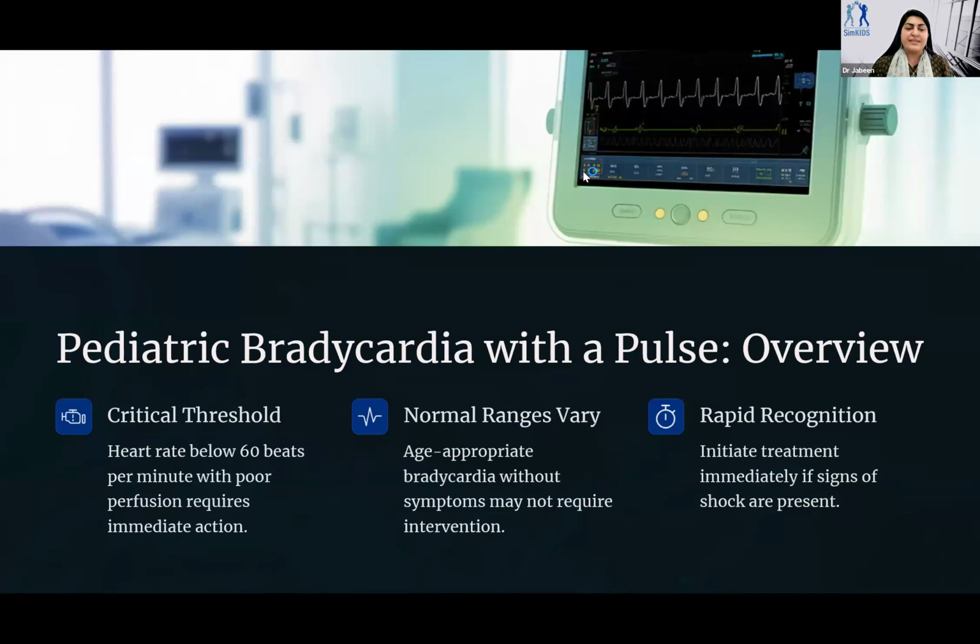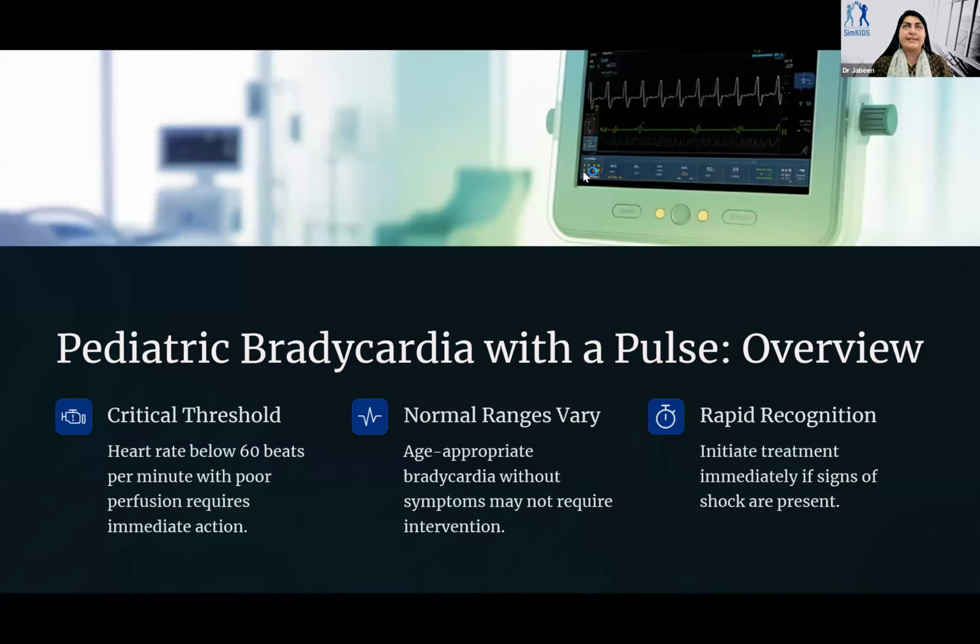If the heart rate is 60 and the perfusion is good, then you will continue monitoring, consult cardiology, and look for H's and T's. But if the heart rate is less than 60 and there are signs of poor perfusion, then it is something you need to be worried about.